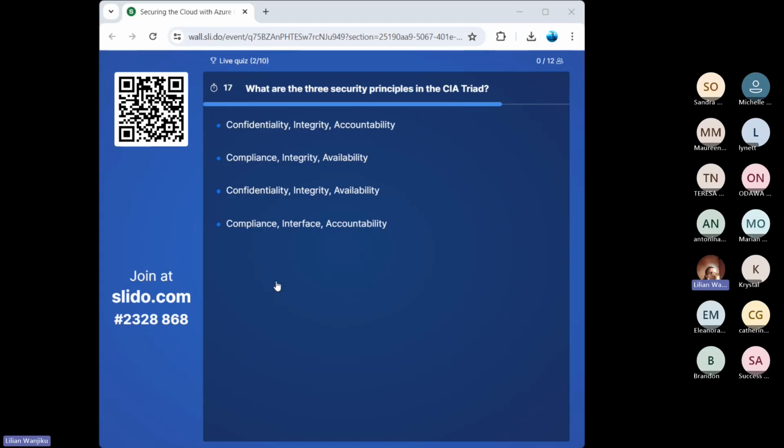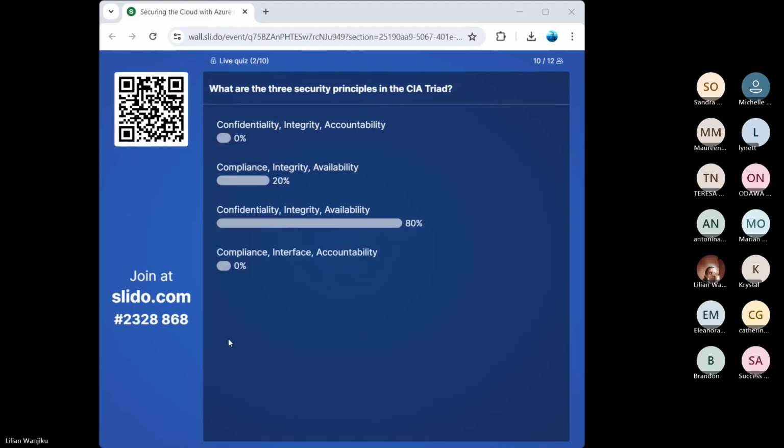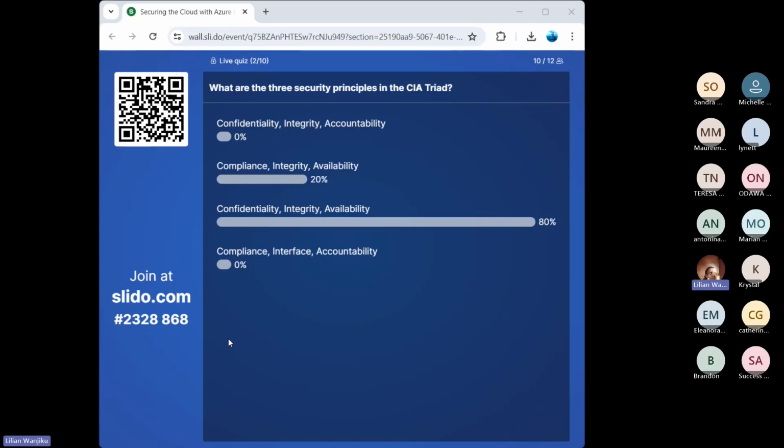Okay, we'll go to the next question. What are the 3 security principles that we discussed concerning the CIA triad? Be careful on the answers. We have the majority of us selecting confidentiality, integrity, availability, and then at least compliance.